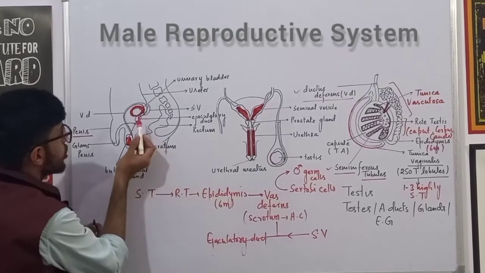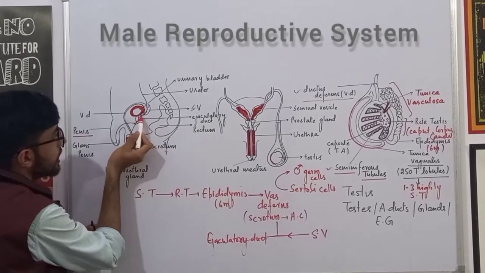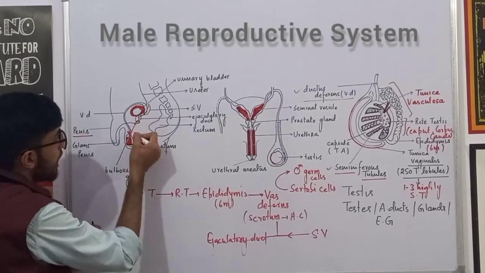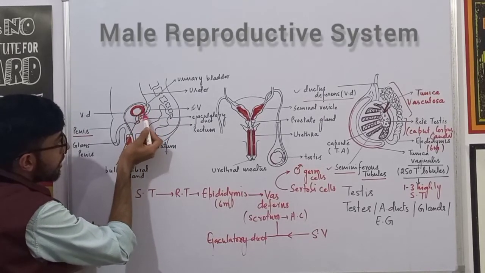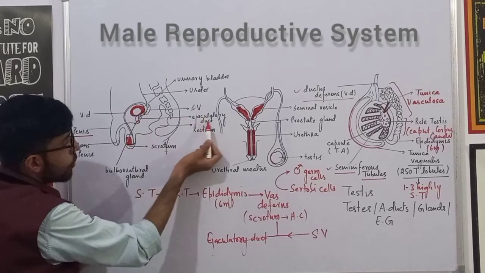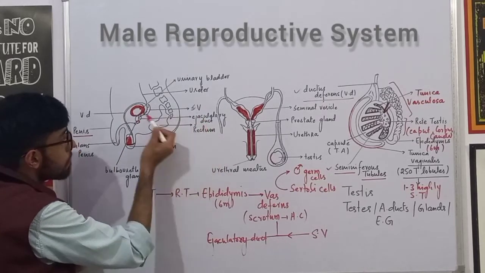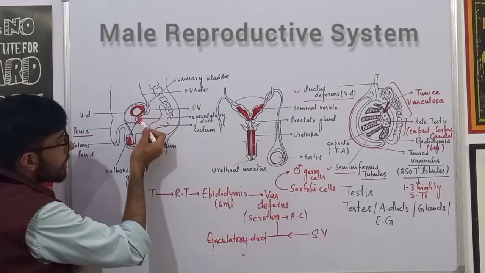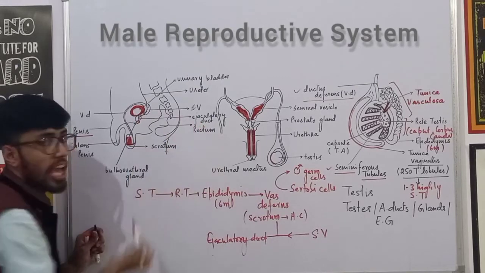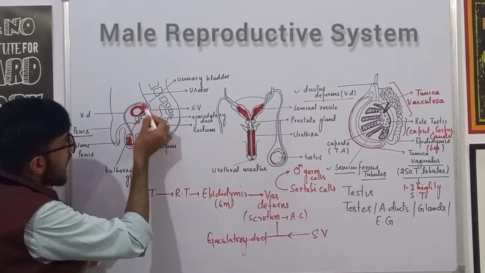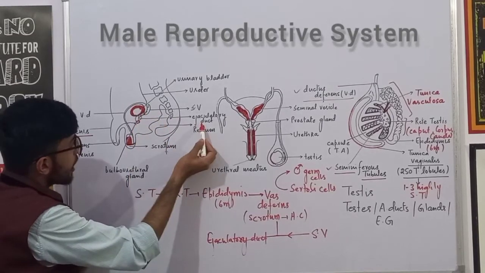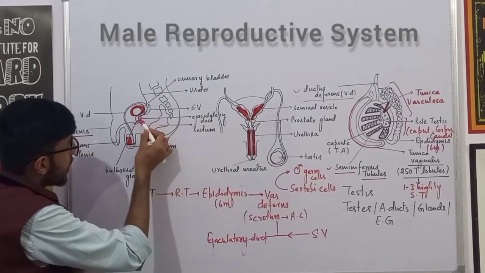In this I have clearly shown the secretions from the seminal vesicle and the vas deferens. They come together and form the ejaculatory duct. Urine from the urinary bladder also comes into this part. The secretions from the seminal vesicle and the vas deferens commonly form the ejaculatory duct.